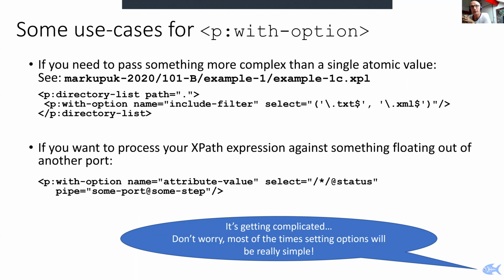Then you have to connect your with-option statement to a port of another step, and you can do that by saying, okay, I want the status attribute of the root, and please use the document flowing out of this port of this step to get it. And as the fish says, this might be a bit complicated, but don't worry, most of the time setting your options will be simple. But if you ever need something more complex, here it is.